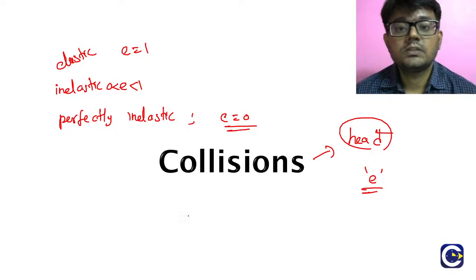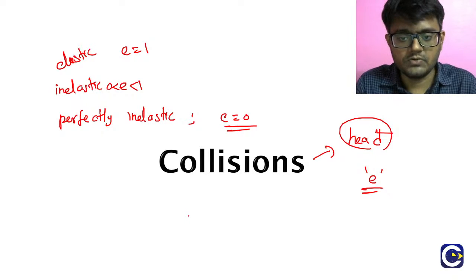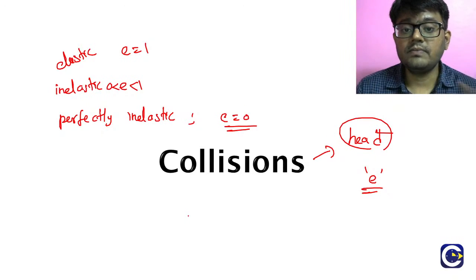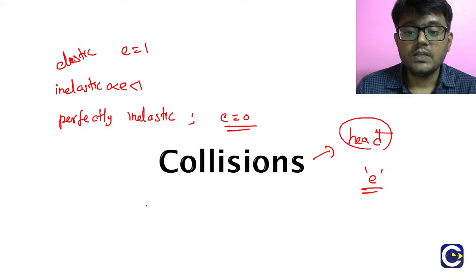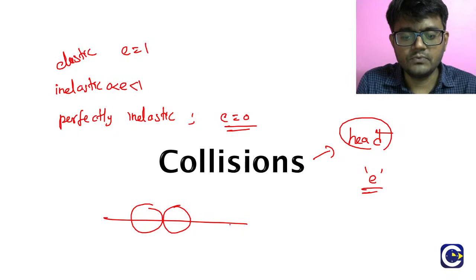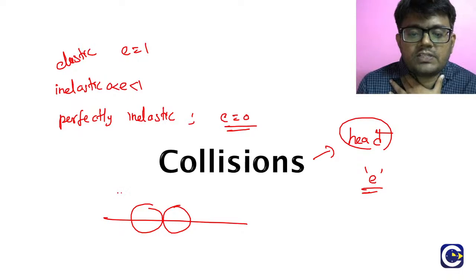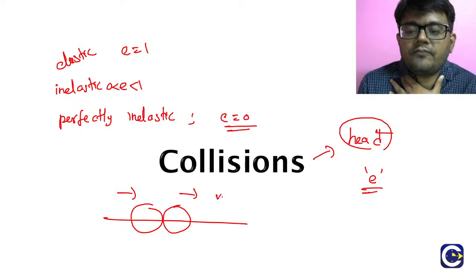E is the relative velocity of separation after the collision divided by the relative velocity of approach before the collision. Already we talked about E, one important factor, and mostly for head on type of collisions the significance of E will be prominent, because the velocities will be confined to one single line.